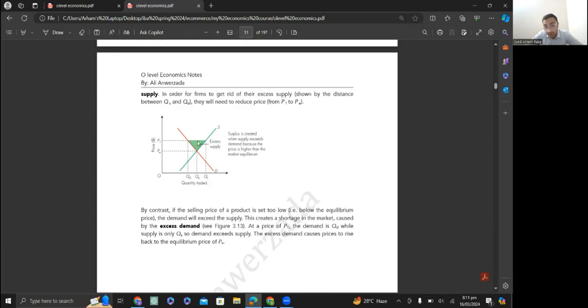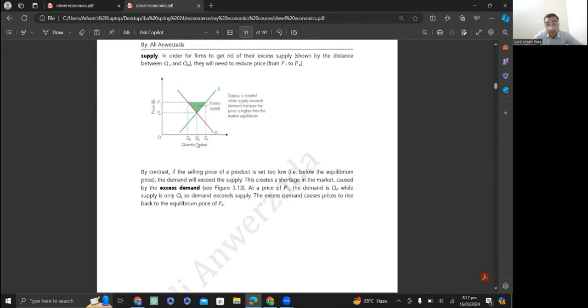However, since they are not intersecting, there is a gap between the supply and the demand, which is leading to an excess supply, because at such a high price, that is P1, there is higher supply and lesser demand. So quantity supplied is greater than quantity demanded, hence there is an excess supply. This green area shows the excess supply.